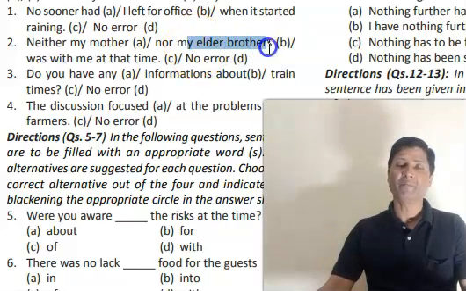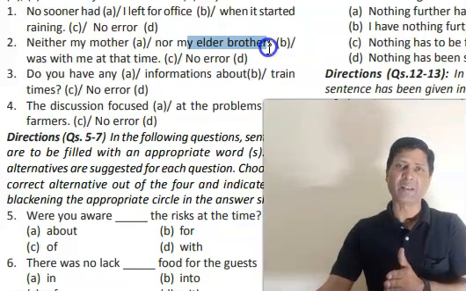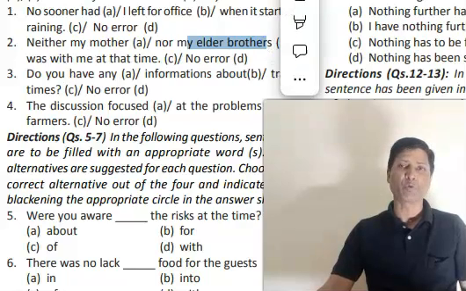I have posted a video on subject and verb agreement; you can refer to that video. When 2 nouns or pronouns are connected with either or, neither nor, the second noun or pronoun is the subject. So here my elder brothers is the subject, which is plural, and therefore the verb should also be plural.